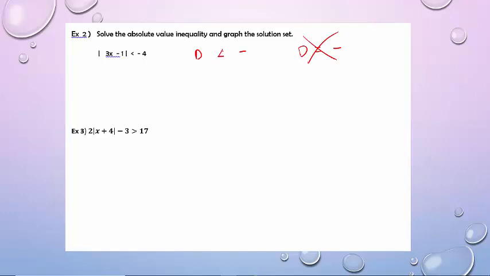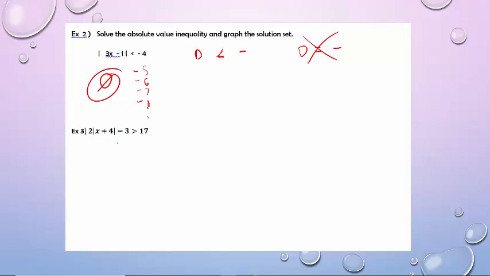So it certainly can't be less than a negative, because that would still be a negative. Anything less than negative 4 would be negative 5, negative 6, negative 7, negative 8, and so on. You'll never get a positive distance. So right off the bat, we're not even going to do this. We're going to write no solution. You can't have a negative distance.